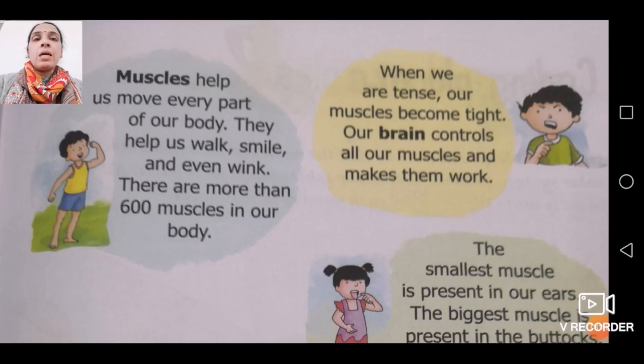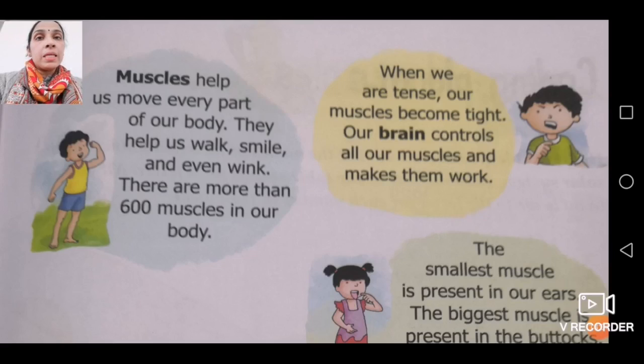There are more than 600 muscles in our body.